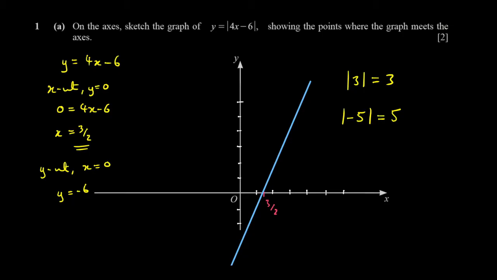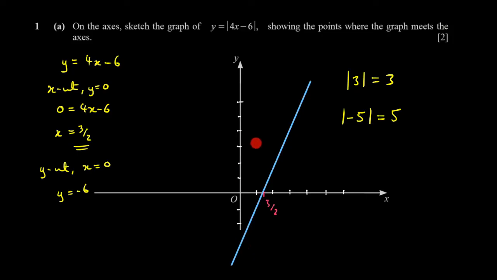So we've got to ask ourselves the question, where is this graph positive and negative? Well, the graph is positive everywhere above the x-axis, so there's going to be no change. But the graph is negative below the x-axis, so all of those values will become positive, right? If you imagine we've got a value of negative 1, it will become positive 1. Value of negative 2 will become positive 2.